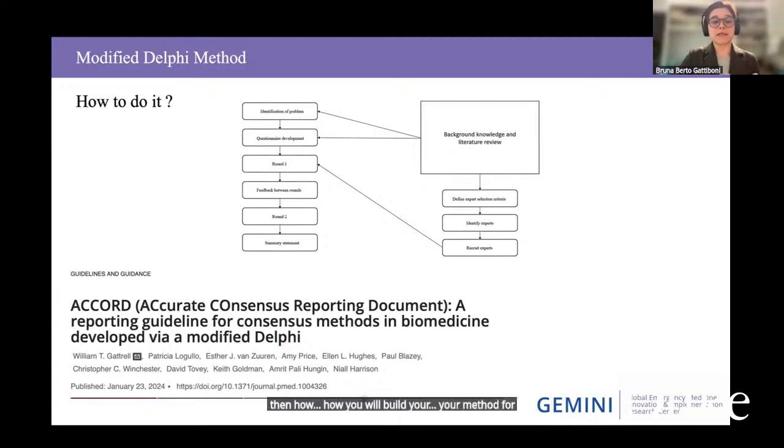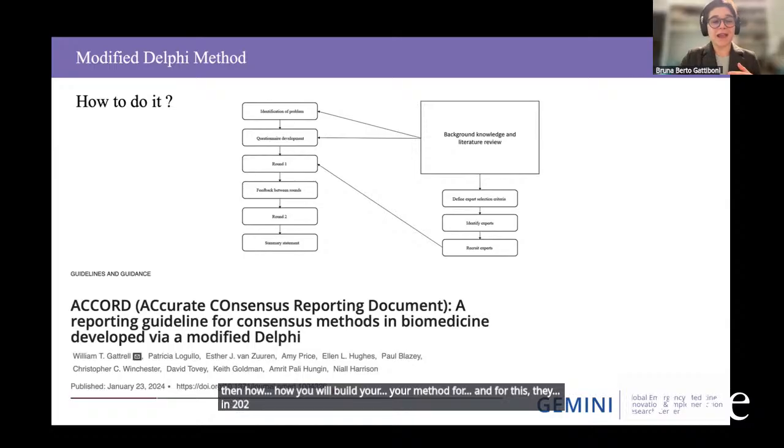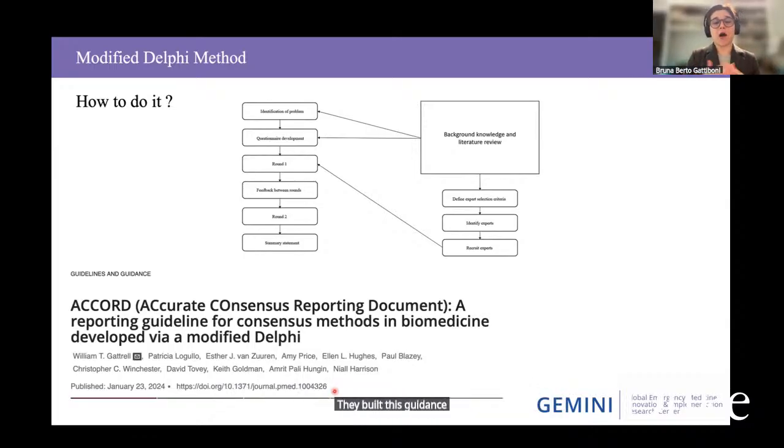For this, in 2024 they built a guidance called ACCORD. It helps us to report this research in the literature, but also to build our project and make a track to follow for a better method.